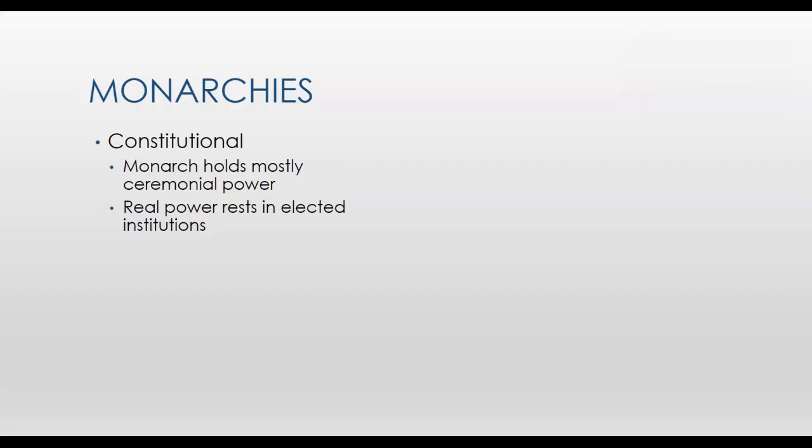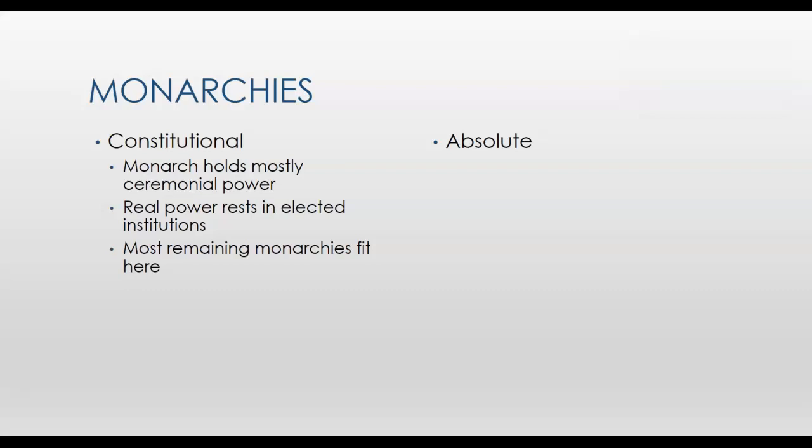This is where the power really resides. Same goes for the Netherlands, for Belgium. They have an elected government with a prime minister, with a parliament, with the opposition parties, etc. But there still is a king or a queen above everything, in a ceremonial role.